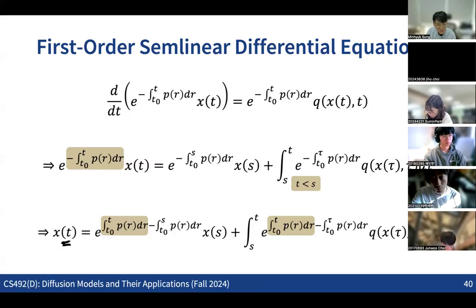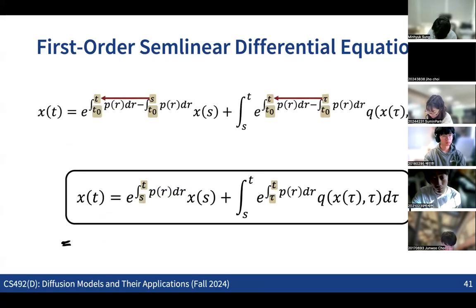And one more thing in terms of simplifying this is that since we are basically having the integral of the same function with different ranges, like one is from t to t0, and the other one is from t0 to s, we can simplify this by taking the integral from s to t.